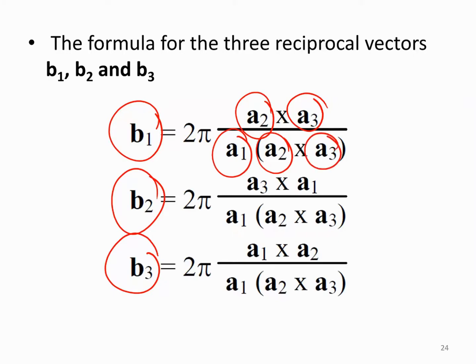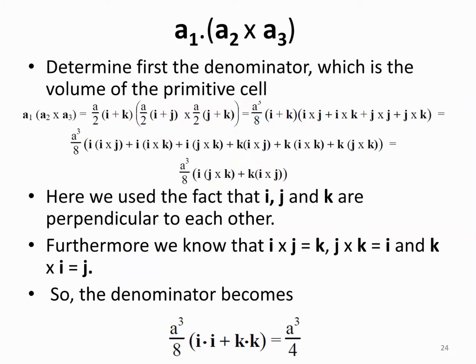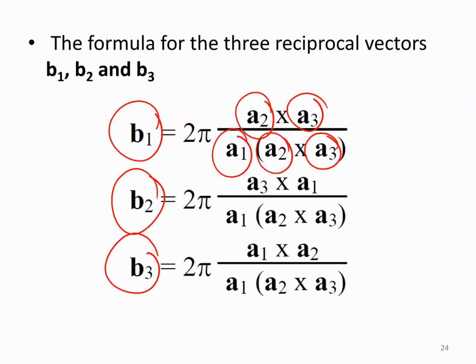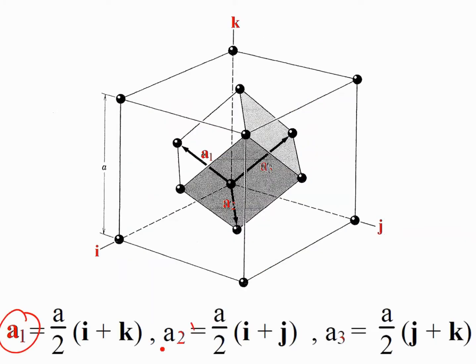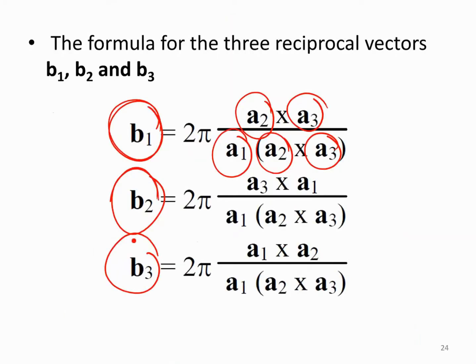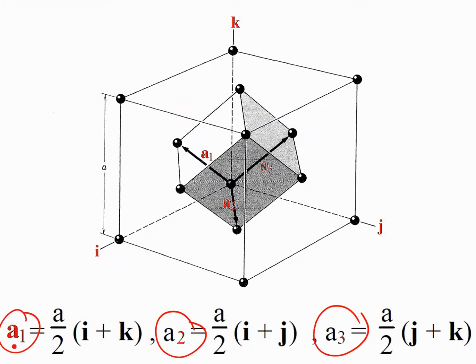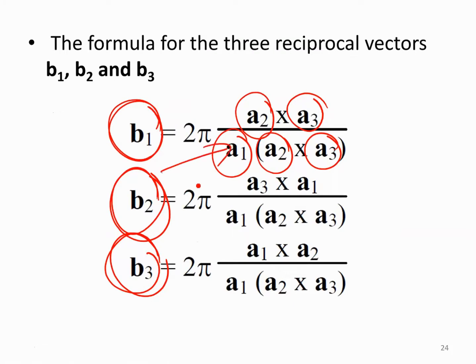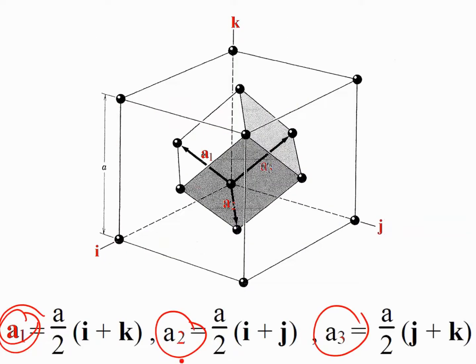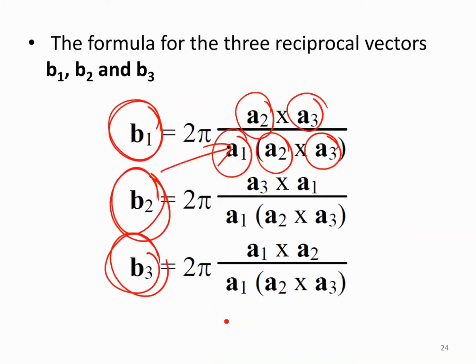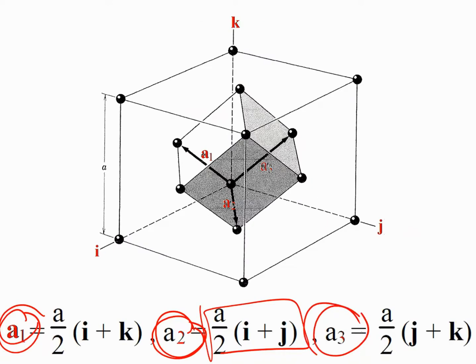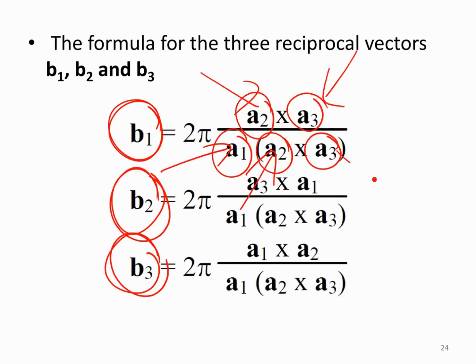So now you want to solve it. We have the real a, real b, real c, and then we want to find reciprocal a, reciprocal b, reciprocal c. So we just substitute the real a into here, real b into this one and this one, and real c into this one and this one.